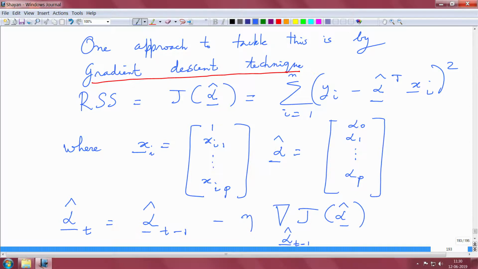Now the gradient descent approach tells us that my solution to alpha hat at time t is given by the update step. Normally one would use small n for discrete quantities and this variable t for continuous, but since I am using an n already here in terms of the number of data points, I am bringing this variable t here. Okay.